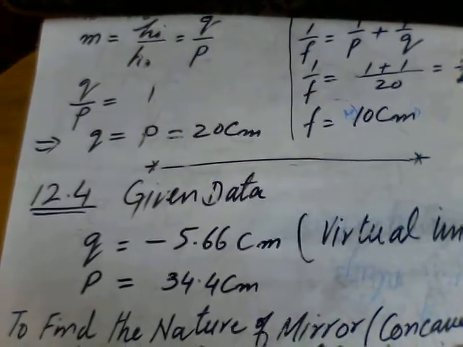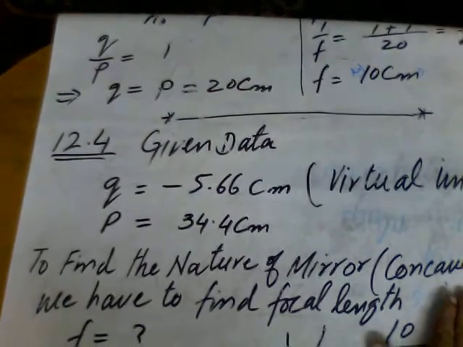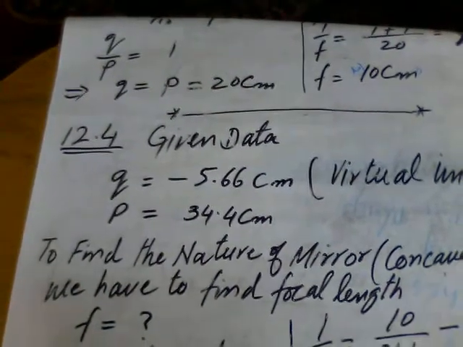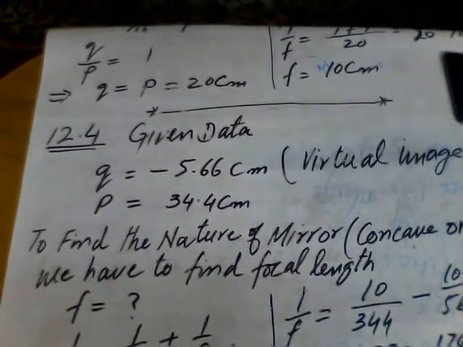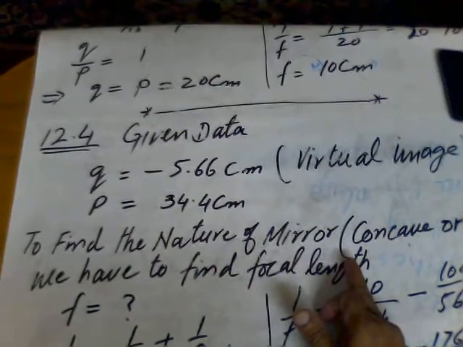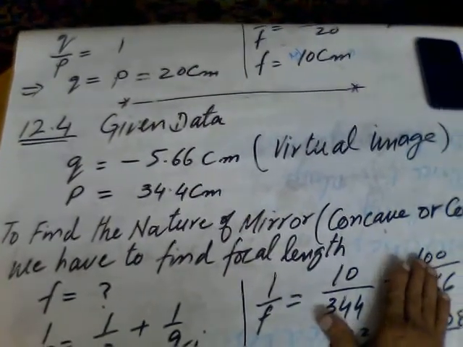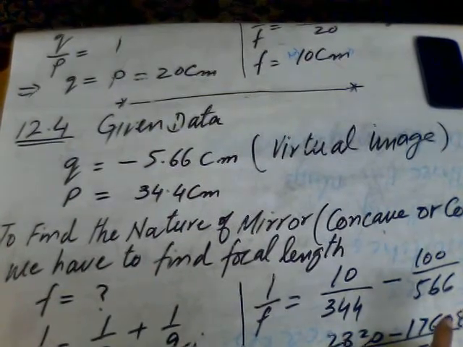I have one old version with me, in which we have to find the nature of the mirror also, that is, what kind of mirror it is. It means we have to tell whether the mirror is concave or convex.